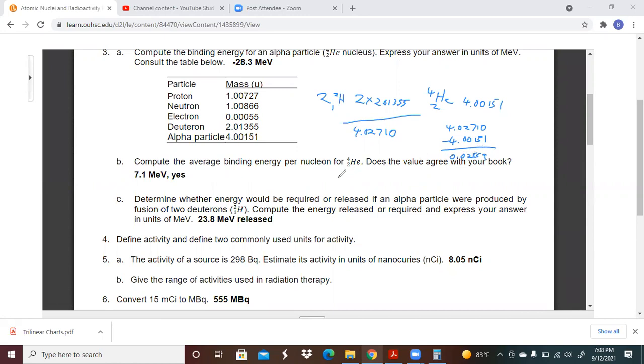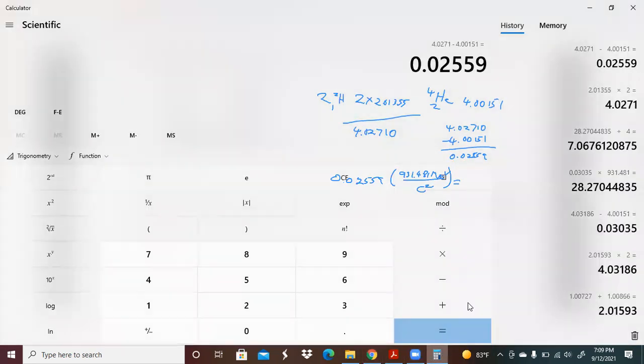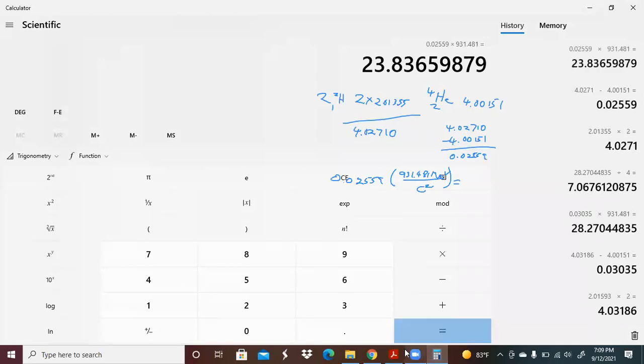So again, we're going to turn around and take this, multiply it by 931.481 MeV over c squared. And what do we end up with? Let's find out.